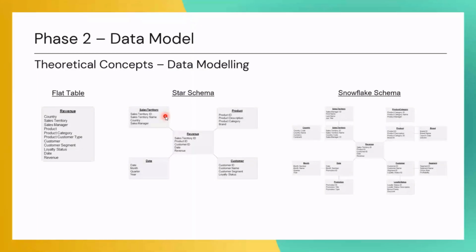Because, for example, if I want to reassign a sales territory to another sales manager, in this case, I would only need to change the one entry in the sales territory table, while here I need to make sure that in each of the rows where we have this territory, I update the sales manager. However, as you can see here, for example, within the country and the sales manager, this is not yet in a normalized format. This can be achieved by the Snowflake schema.